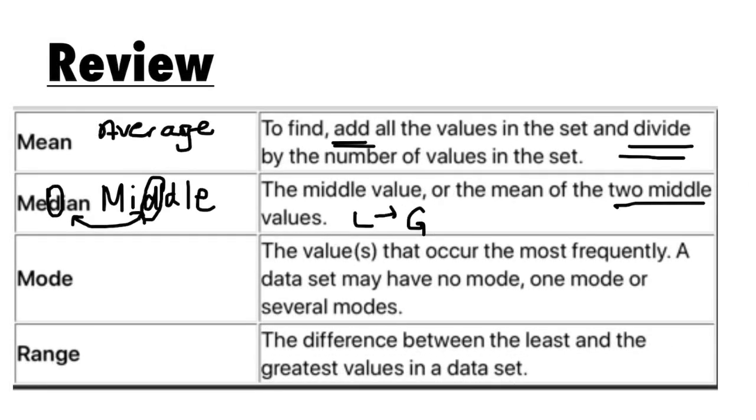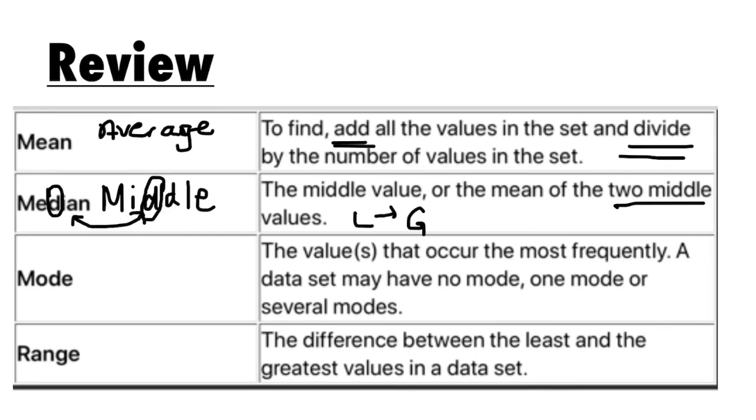The only time that this can get a little tricky is when you have two middle numbers. When you have two medians or two middle numbers, you have to find the mean of those two middle numbers. So you have to add the two middle numbers and divide by 2. Remember, this is a review, so this is something you have probably seen before. The only time you will have two middle numbers is when you have an even number of values in your data set, so when you are putting in order 10 digits least to greatest or 8 digits least to greatest.